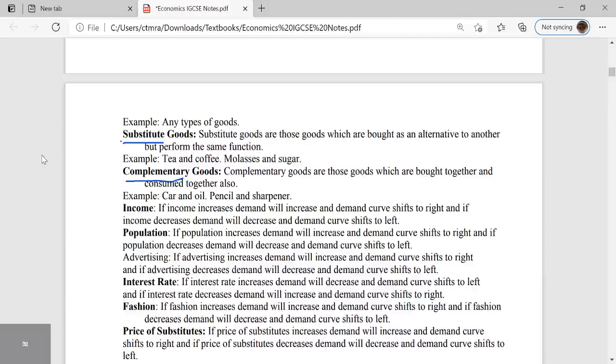Complementary goods are goods that are used together. We usually don't use them separately, like car and oil. The relationship between car and oil is complementary. So when the price of oil rises, demand for cars will fall.